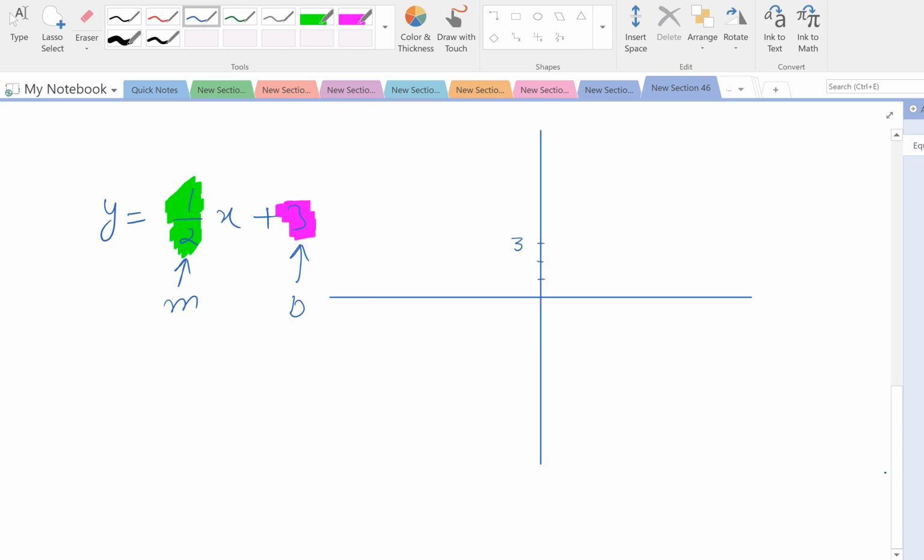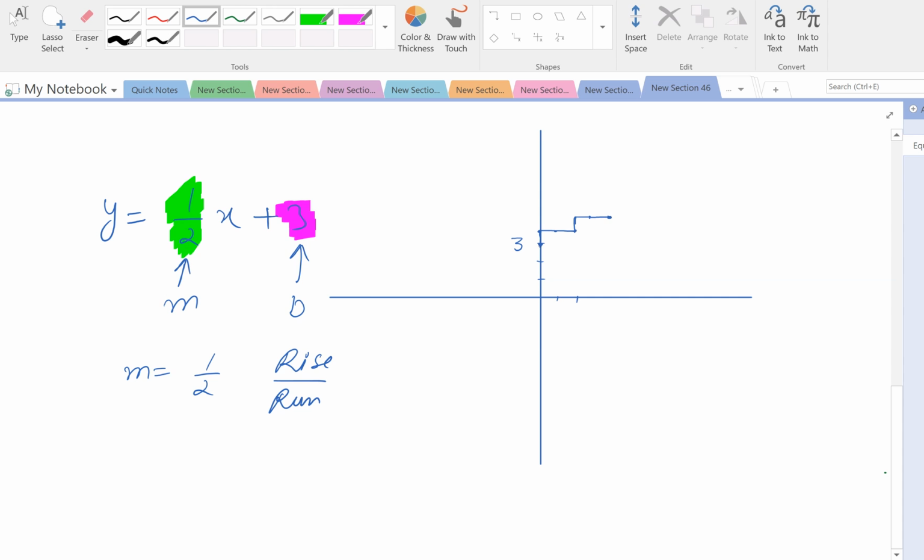And the slope is 1 over 2. m equals 1 over 2. 1 is the rise, and the run is 2. So I go up by 1, and then I run by 2 units: 1, 2. So my run is 2, and the rise is 1. And then you can repeat the same thing: rise by 1, run by 2.